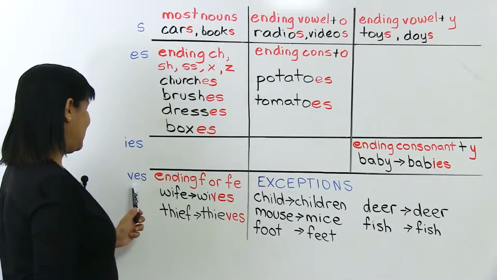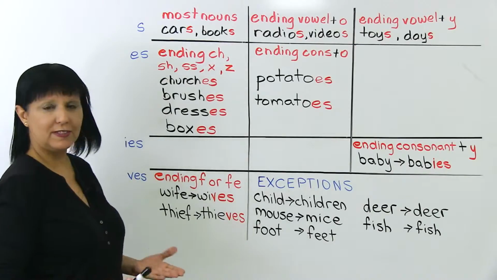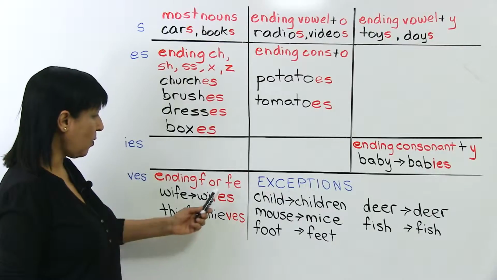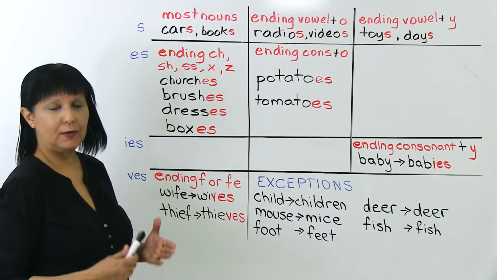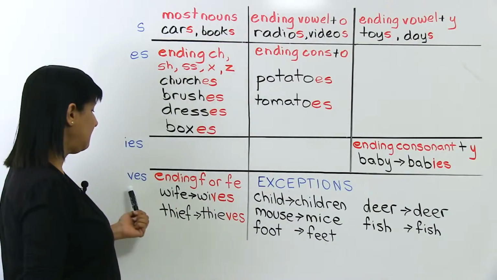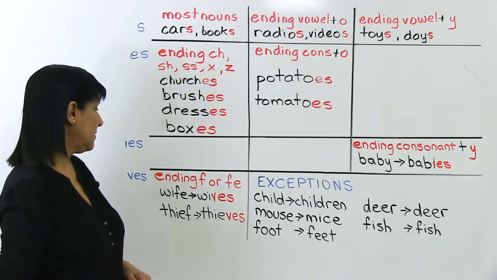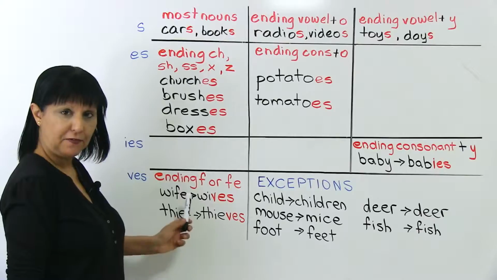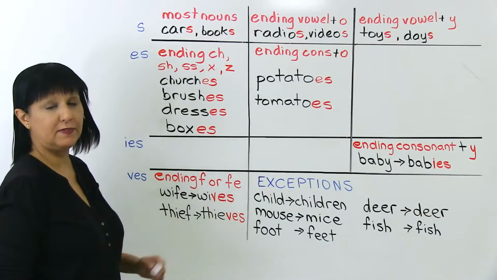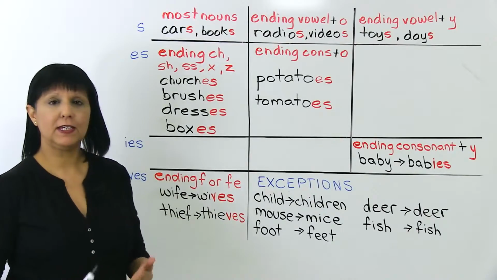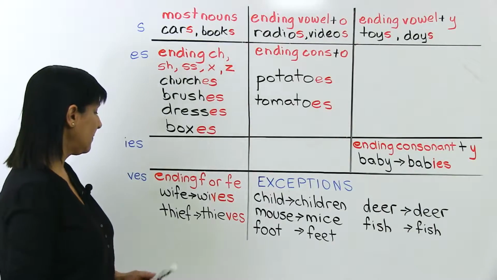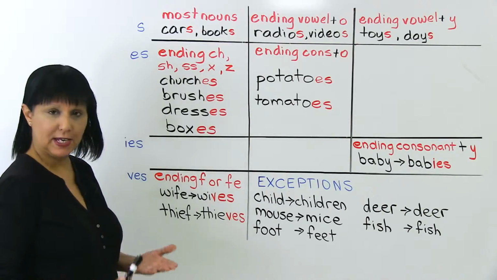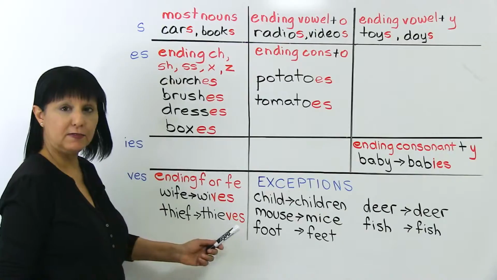Okay? So there are some words that end with F or FE. And when that happens, you need to add VES. So look at this one. Wife, W-I-F-E, becomes wives, W-I-V-E-S. Or thief, which ends in an F, becomes thieves.